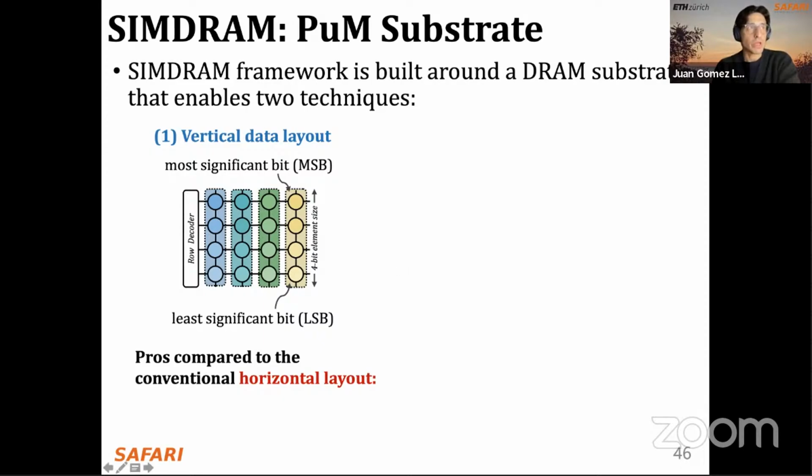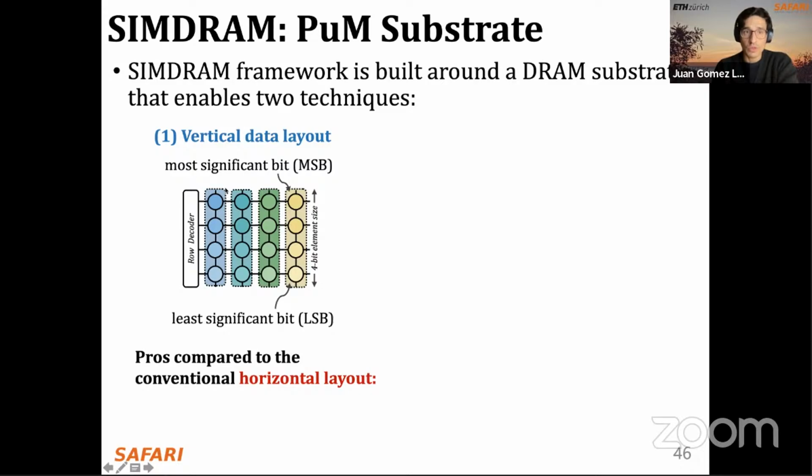This way, all bits corresponding to the same element are in the same bit line. As you see here, for example, we have 4 different elements, and all the bits of each element are in the same bit line, in order, from the most significant bit to the least significant bit.